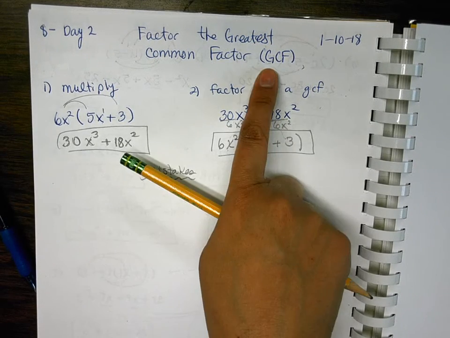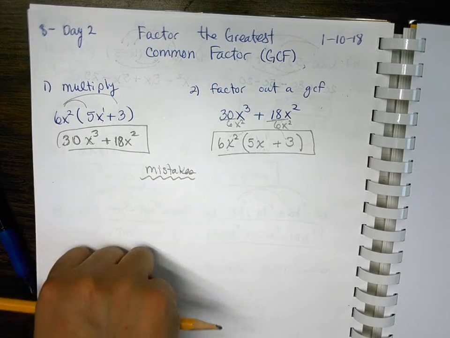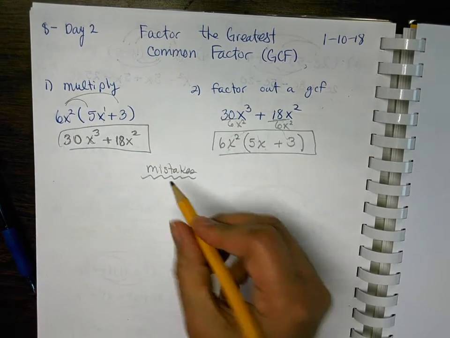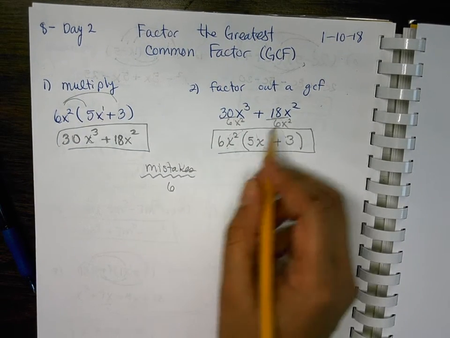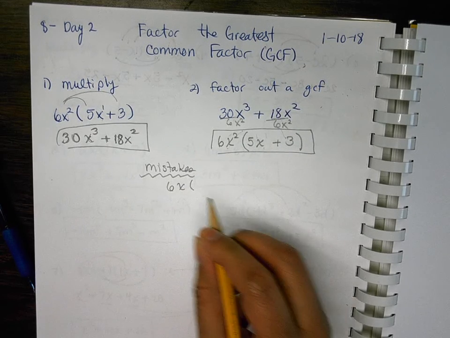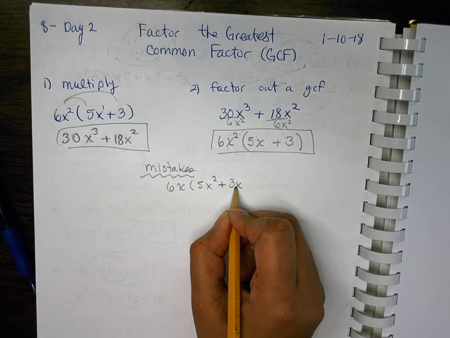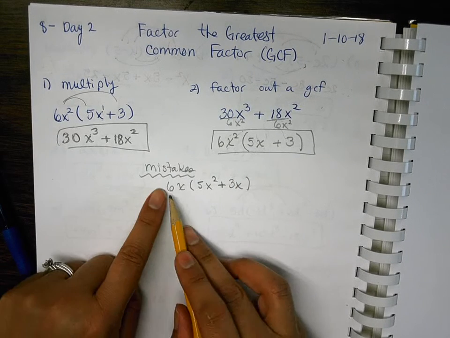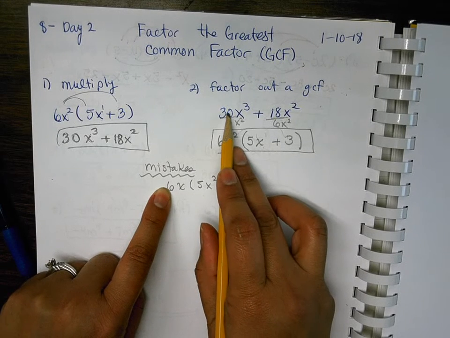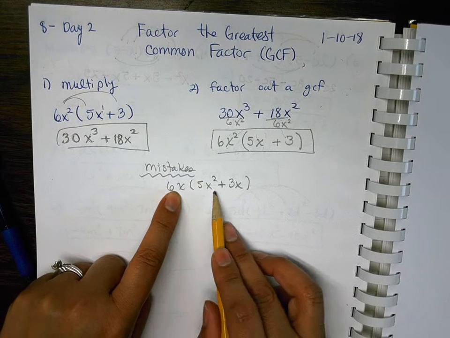Because it's called the greatest common factor, whatever you pull out has to be the greatest. For example, if a kid did this, took out the 6 but only made this an x, means that this is 5x squared plus 3x. Let's test this. Is 6 times 5, 30? Is x times x squared x cubed?